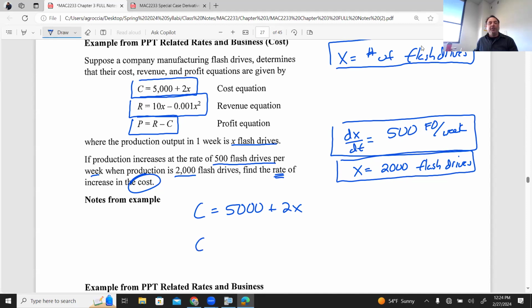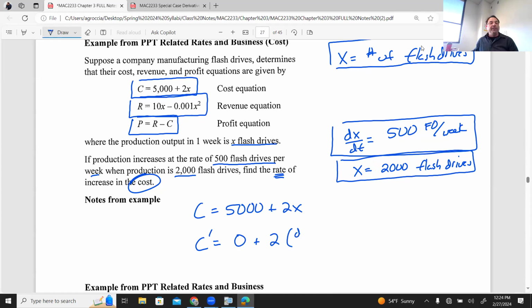We're going to take the derivative, the rate of change of cost, with respect to time to get that rate of change in there. So nice and slowly, what's the derivative of 5,000? 0. Anything times 0 is 0. That part's gone. What's the derivative of 2x? 2, but what did you just take a derivative of?